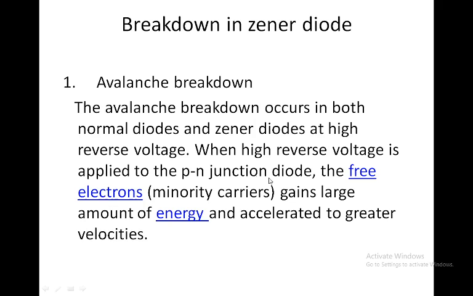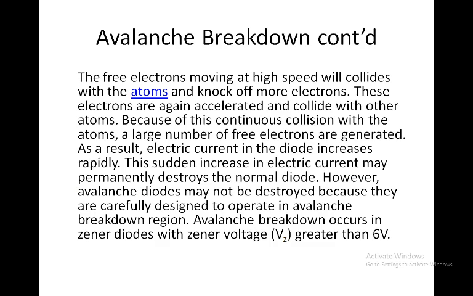What happens here is that when a high reverse voltage is applied to the PN junction diode, the free electrons of the minority carrier gain a large amount of energy and accelerate to greater velocity. By the time it gains energy, it is moving very fast.